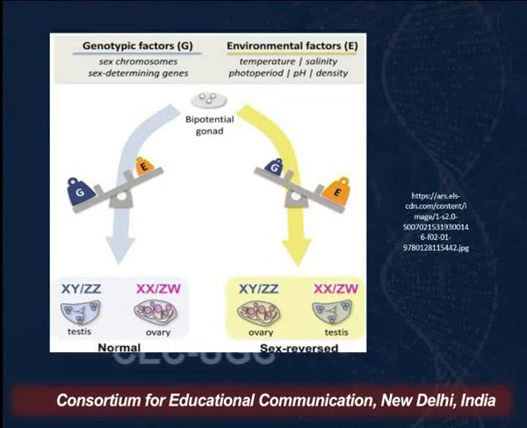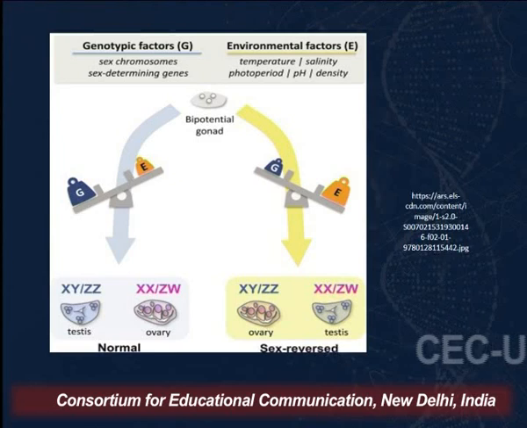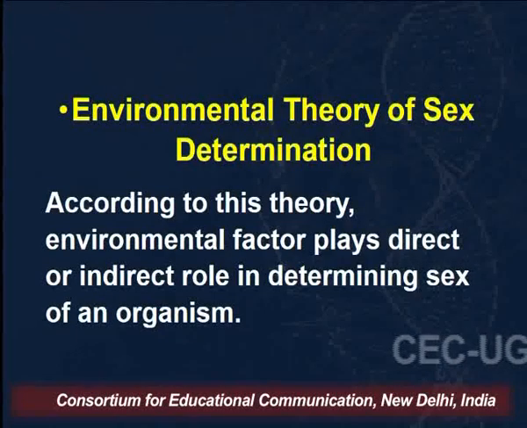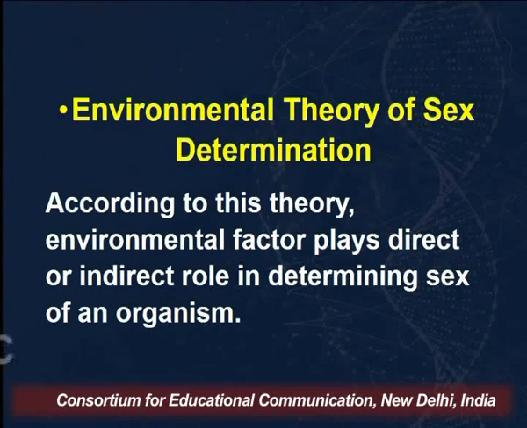In this case, the environmental factors would reign supreme regardless of the genotypic constitution of an individual. And in this case, we would find that the sex would be reversed depending upon how the conditions are prevailing. So, let us begin with the environmental theory of sex determination.